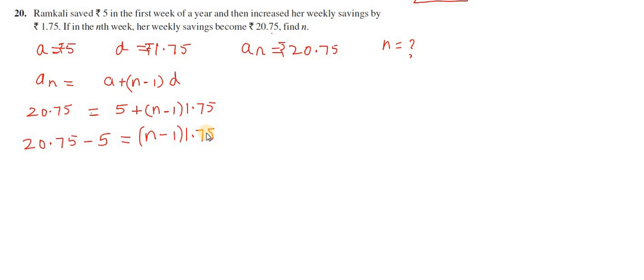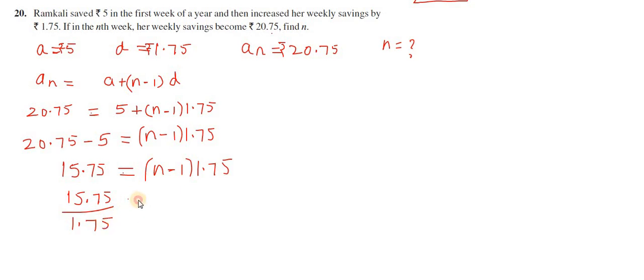So 20.75 minus 5 is 15.75, which is equal to (n minus 1) into 1.75. If we divide, 15.75 divided by 1.75 is equal to n minus 1. So if we divide this, we get 9. So n minus 1 is equal to 9.